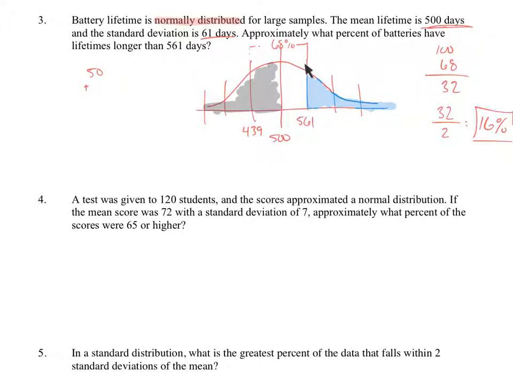Well, this is half of 68% because 68% is 1 standard deviation to the left and 1 standard deviation to the right. But really, in this case, all I want is the standard deviation to the right. So half of 68 is 34, and if I add those, I will get 84. So that's the area of all this, and I just have to subtract that from 100 to get this. So either way, you get the same answer.